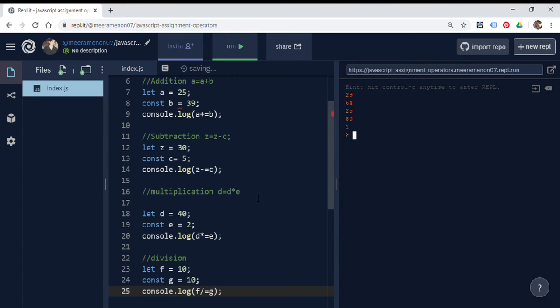Obviously 10 by 10 is 1. So this is the shorthand property of this equation: f equals f divided by g. So this is a shorthand.